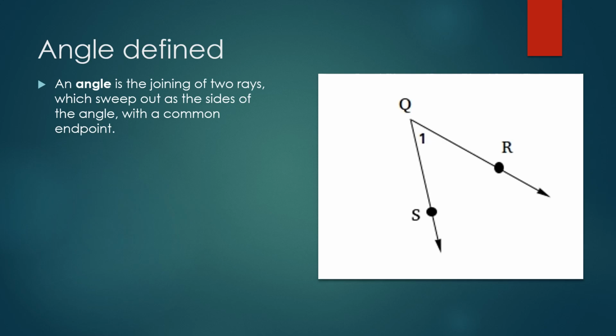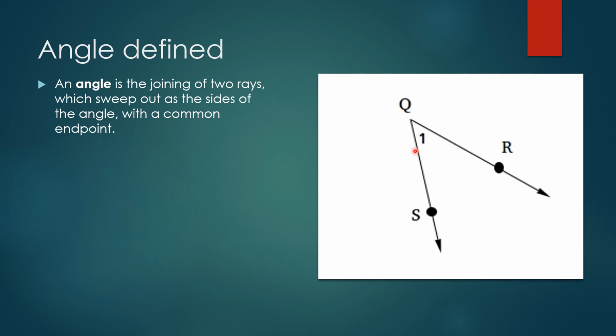An angle is a joining of two rays which sweep out as the sides of an angle with a common endpoint. So here are my two rays, QR and QS. Notice that they both originate from the same point Q, and they're not opposite rays.